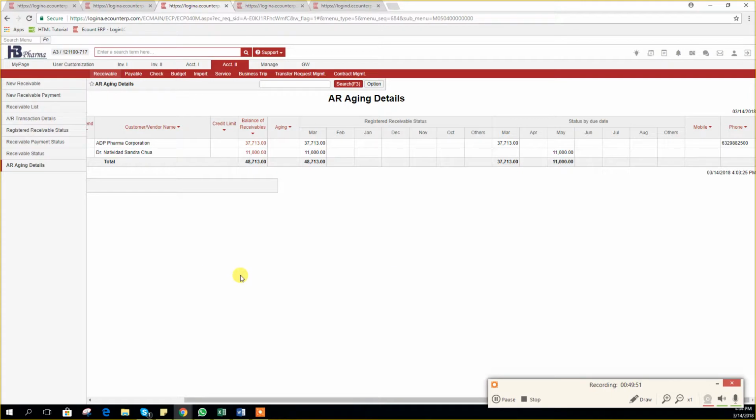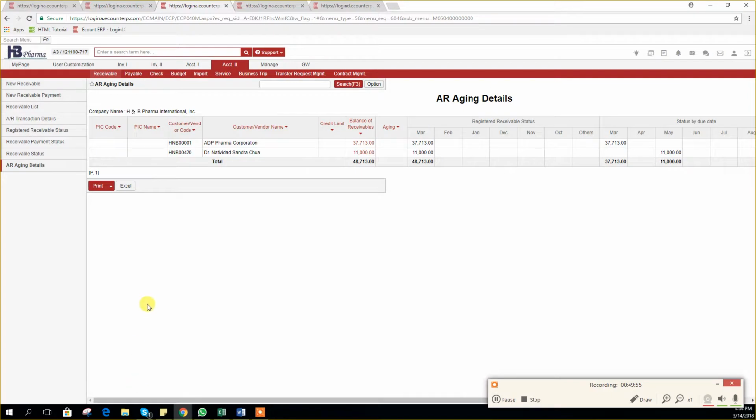The security deposit of 10,000, how can it reflect on the receivables upon completion of payment?